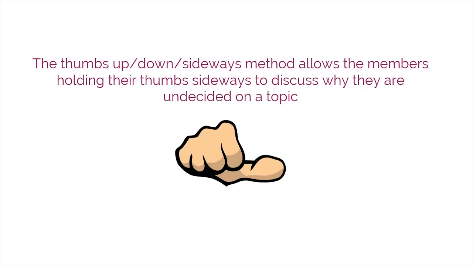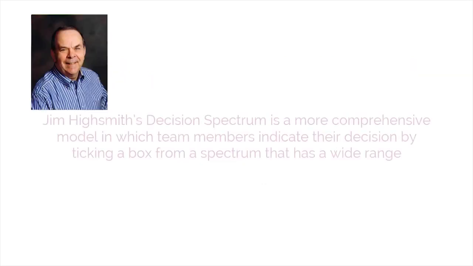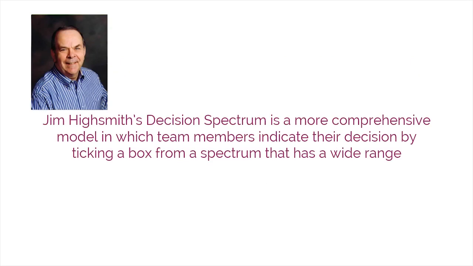The thumbs up, down, sideways method allows the members holding their thumbs sideways to discuss why they are undecided on a topic.